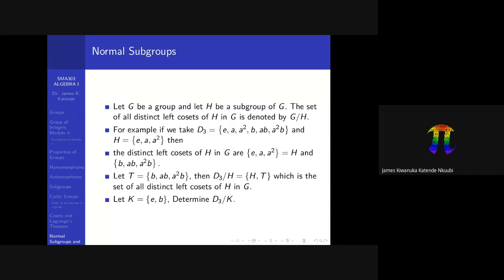Now you can also prove the converse: if AH is equal to H, then A must be an element of H. You can try that and put it in your own words. Let me know if you are not able to do it, and in the next class we can review it. But there are plenty of solutions on the internet for this.